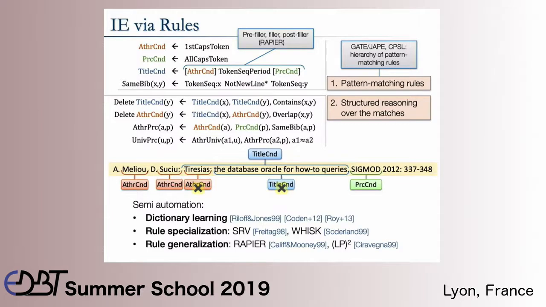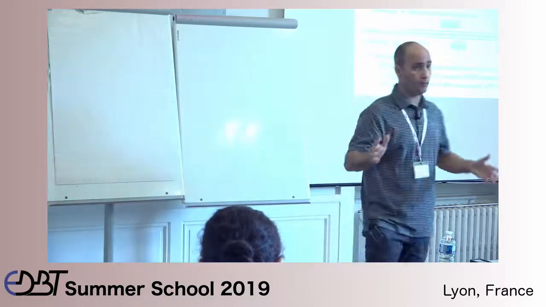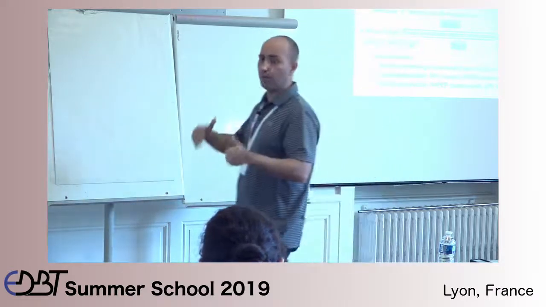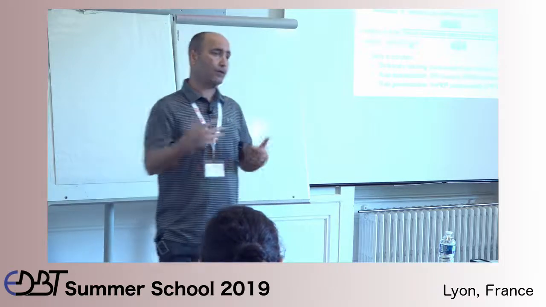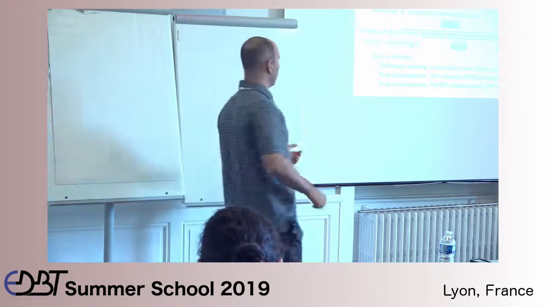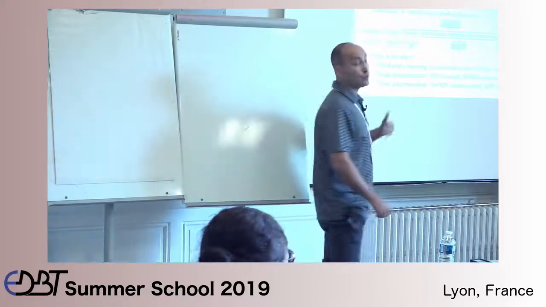And there's been a lot of work on basically introducing some automation to these systems, like rule learning or rule improvement, taking some rules that have a very high recall but low precision and making them more specific, or the other way around, making rules more general, or dictionary learning.